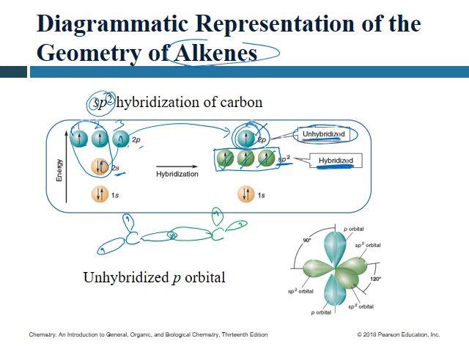But what about this empty p orbital? This empty p orbital is unhybridized and present perpendicular. This is the unhybridized p orbital, right? And then we have to add hydrogen. This is hydrogen, this is hydrogen, bound to the sp2 hybridized orbitals.